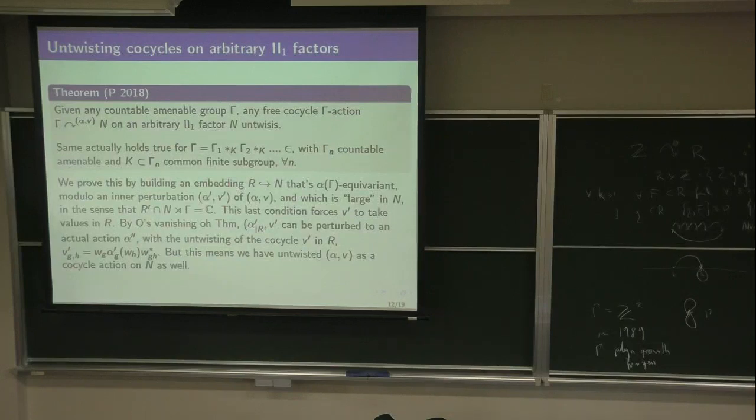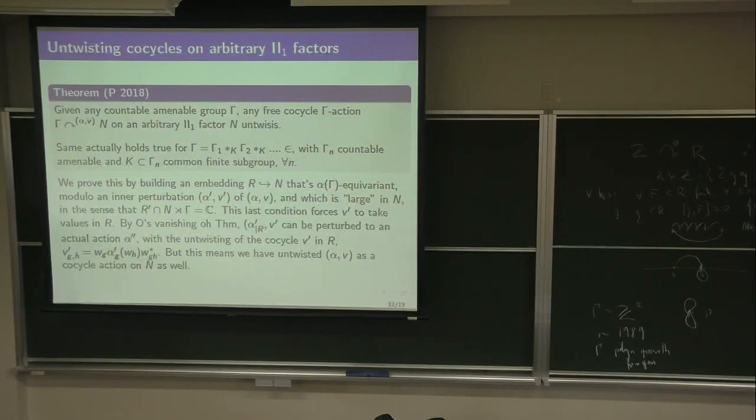Okay? So the whole strategy for proving this vanishing is the following. The idea is simple, and actually it's an idea I had very early, like in '81, '82, except that I could not do it. The idea was to build embeddings of the hyperfinite II_1 factor R that are Gamma-invariant, equivariant, I'm sorry, modulo an inner perturbation.